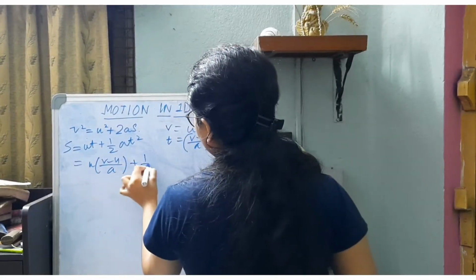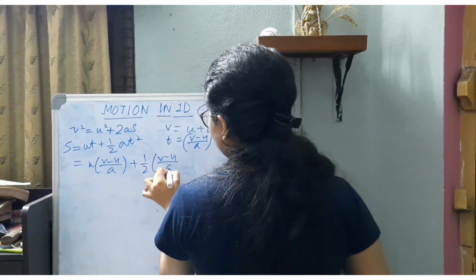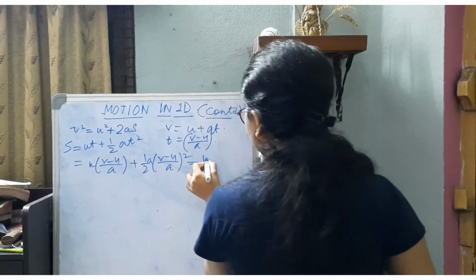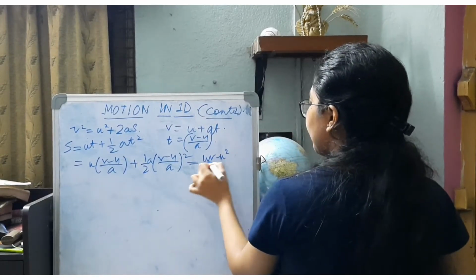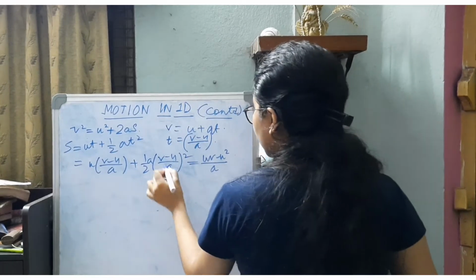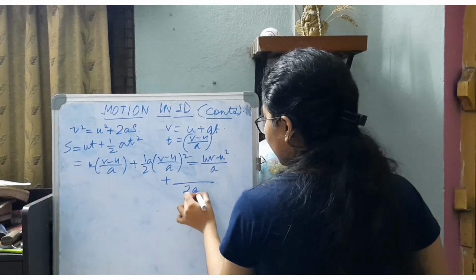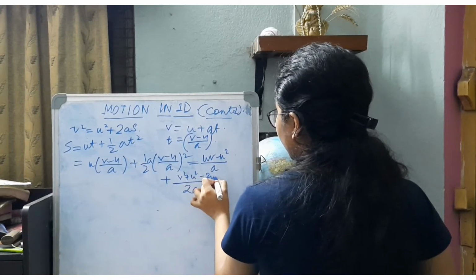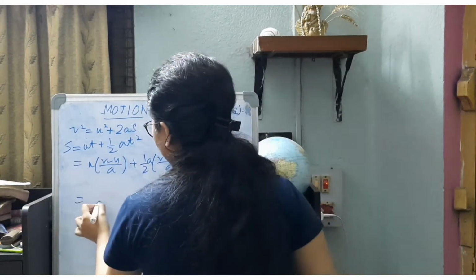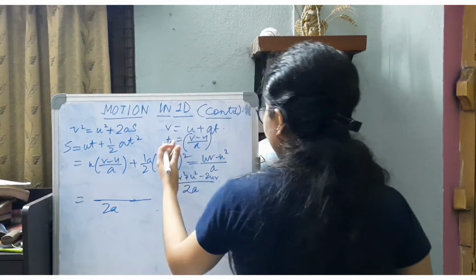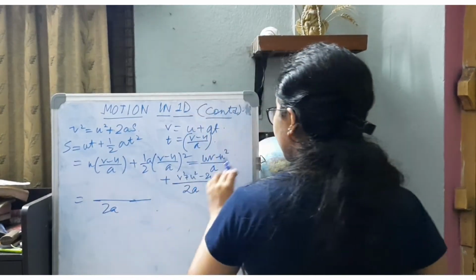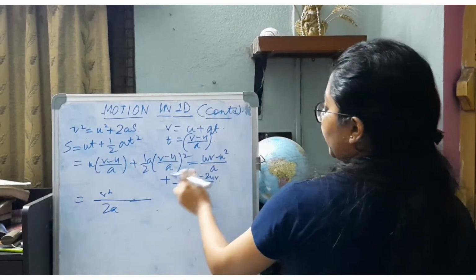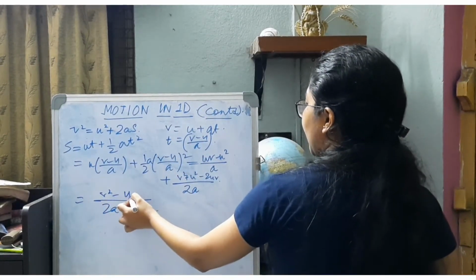So if I do this, I will be seeing that this value becomes the following. Now after the calculation, this becomes (uv minus u square) by a plus, so if this gets cancelled, this becomes 2a, and there is v square plus u square minus 2uv. Now if I go for the normal LCM of it, after it is done as 2a, 2uv minus 2uv gets cancelled off, v square minus 2u square plus u square, so it becomes v square minus u square.